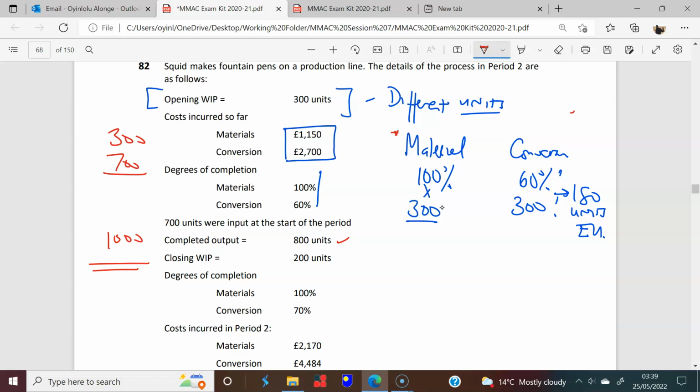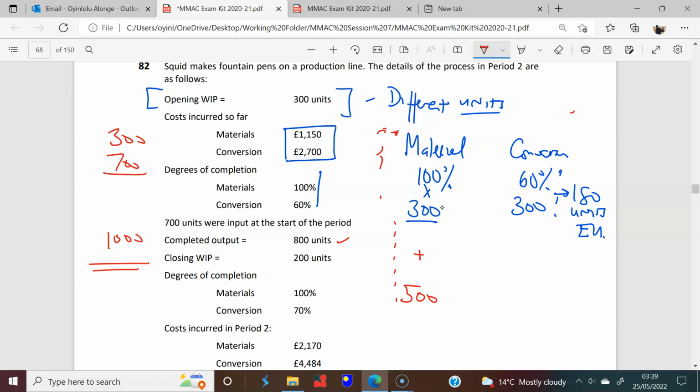So in the end, when you finish all of this, including your opening work in progress, your process would have completed another 500, because this 800 is really the sum of the initial 300 plus the 500.